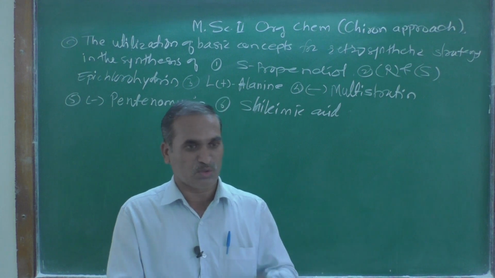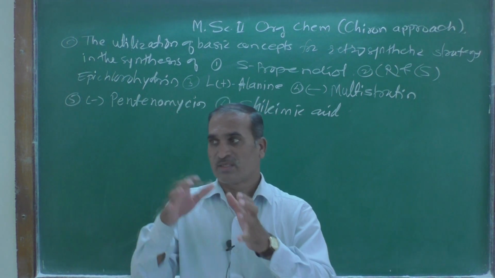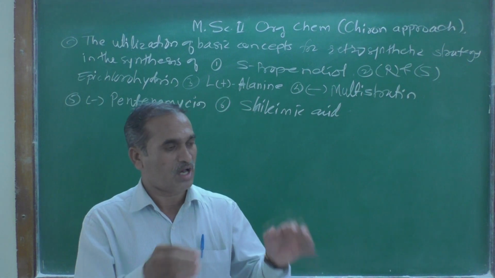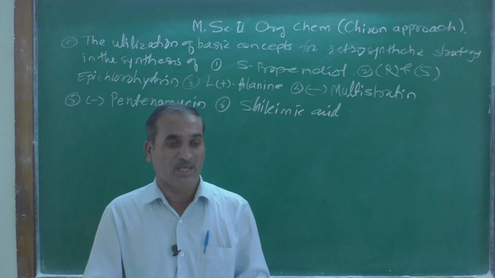Suppose sodium hydroxide or potassium hydroxide, sometimes H2SO4 or HBr. These are the reagents we are using. What does it mean?